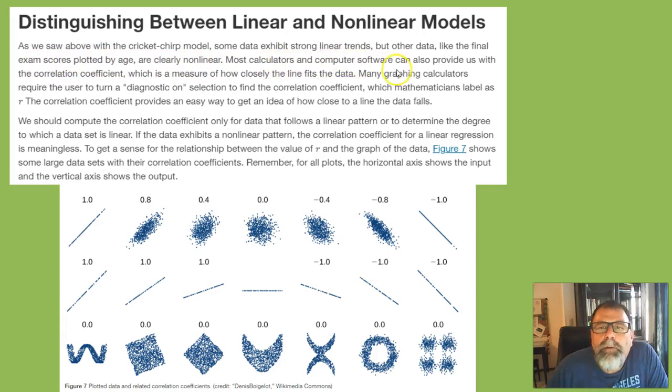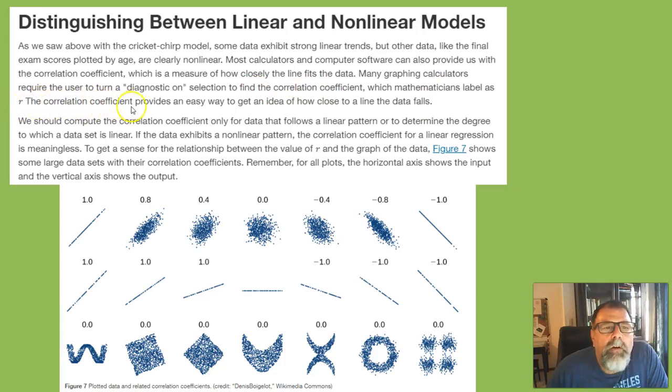Most calculators and computer software can provide us with the correlation coefficient, which is a measure of how closely the line fits the data. Many graphing calculators require the user to turn on diagnostics to find the correlation coefficient, which mathematicians label as r.